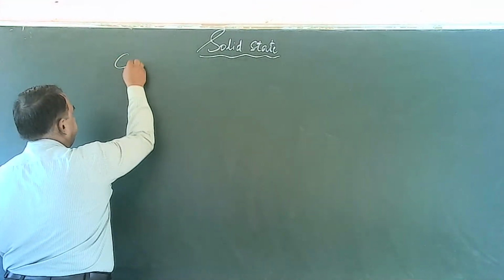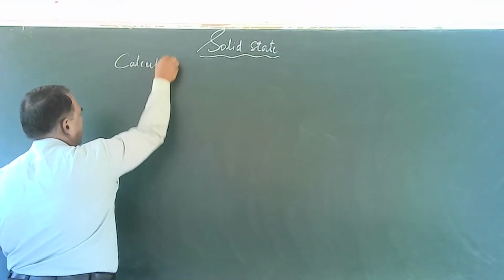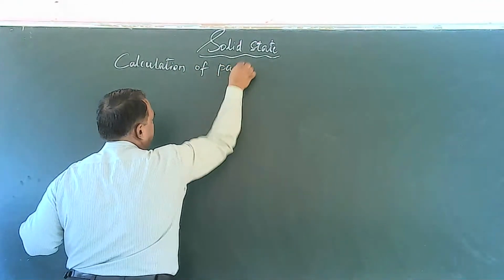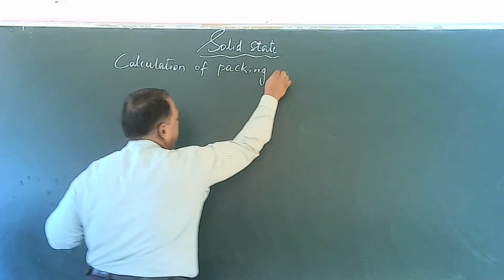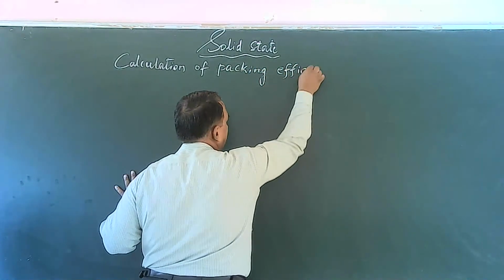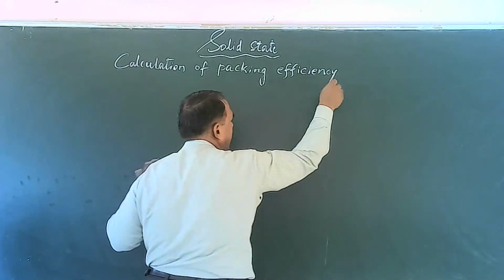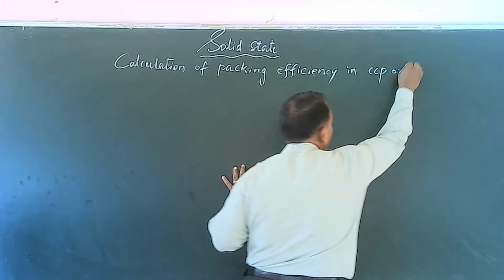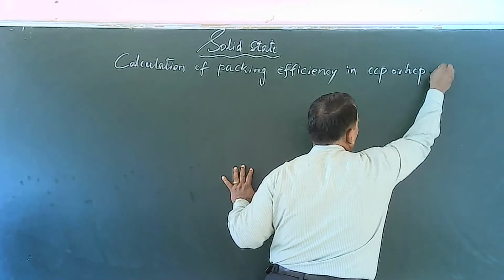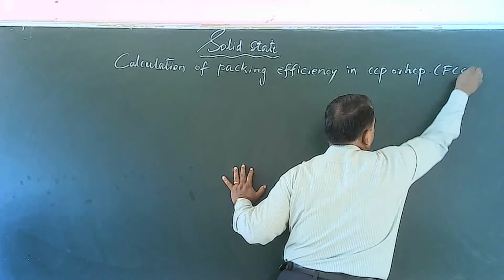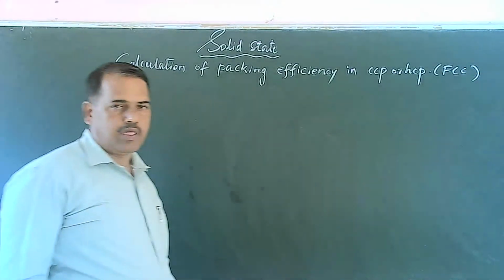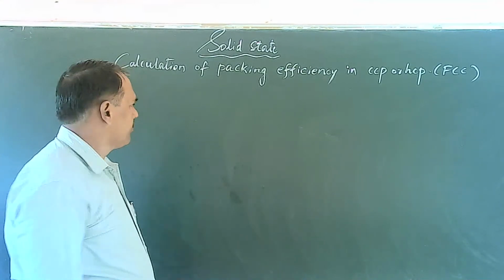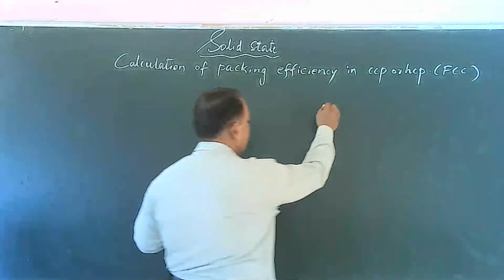Calculation of packing efficiency in CCP or HCP, which is also called FCC. Are you clear? See, first we have the diagram, which is a cube.